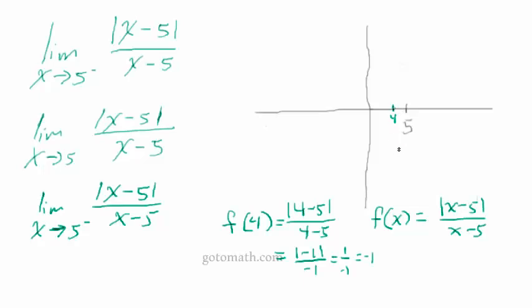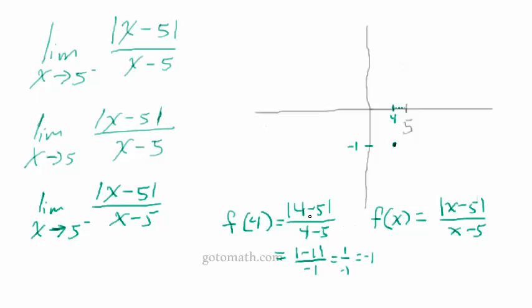And obviously the graph is not to scale. So we're going to say that this point right here is negative 1. And if we plug in any numbers, let's say between 4 and 5, we're going to get negative 1.